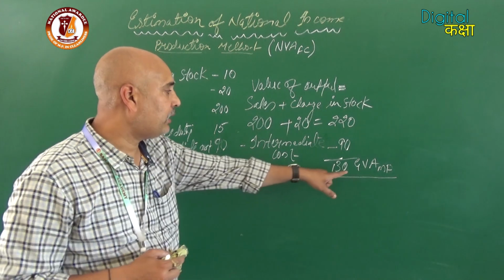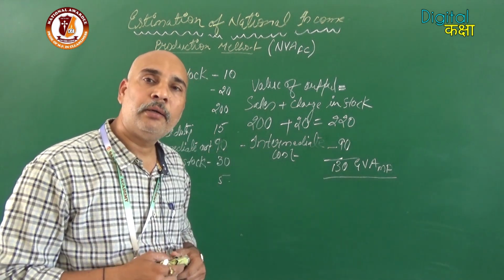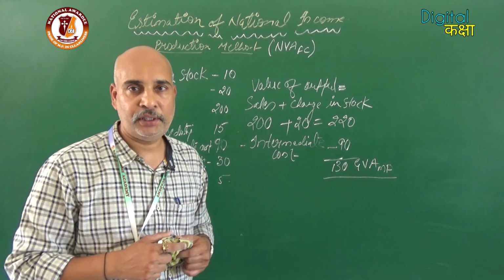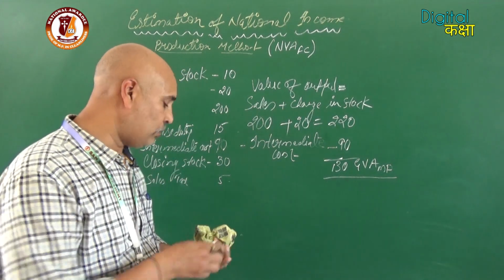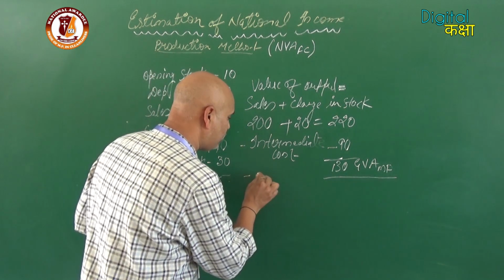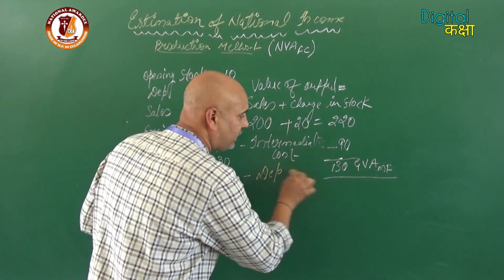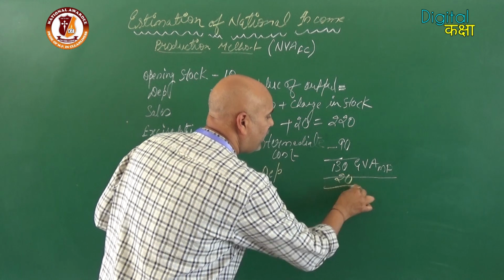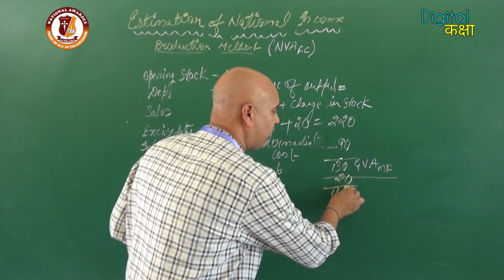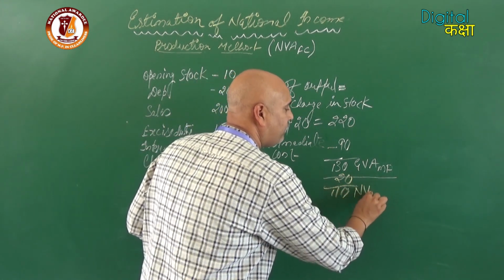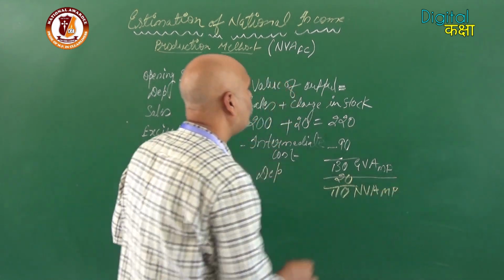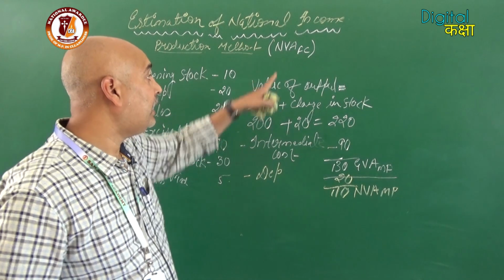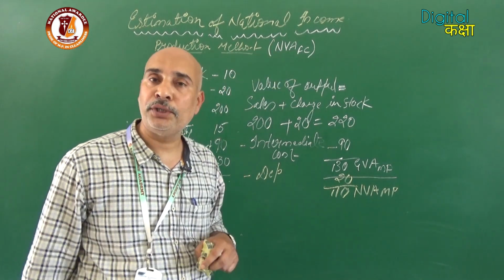Gross will be converted into net by subtracting depreciation. The value of the depreciation given is 20. So minus 20, depreciation will be subtracted, 110 will be left, and it will be converted into NVA at market price.